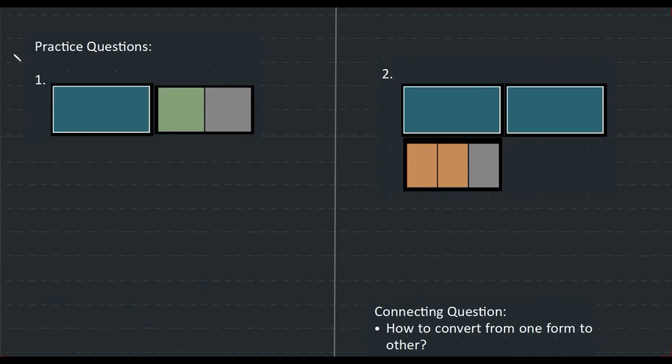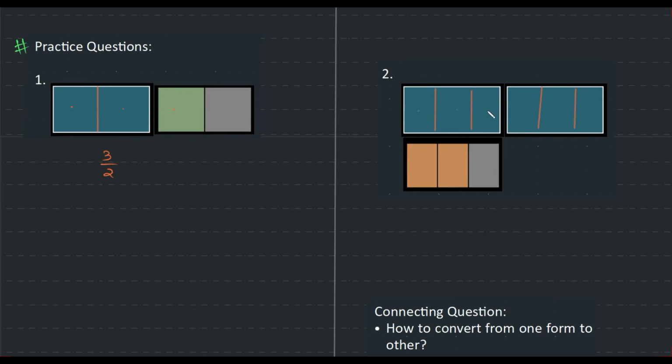So there are a few more practice questions. We have 1 and a half actually, but technically if I divide this, I have 1, 2, 3 halves, so 3 by 2. Here too, I can imagine that I have divided each whole into three equal parts.